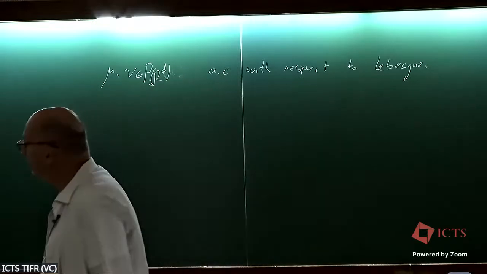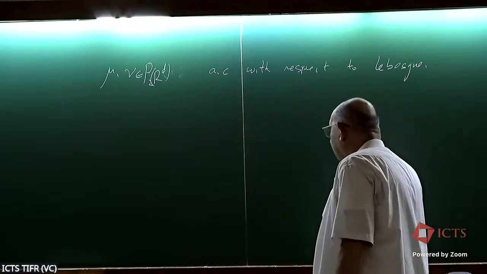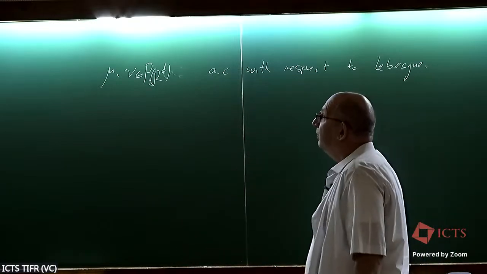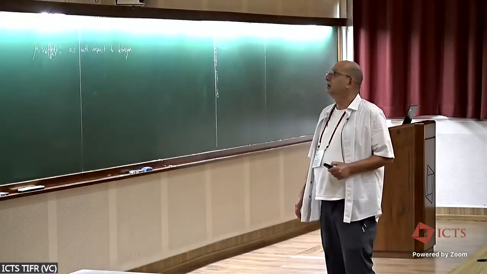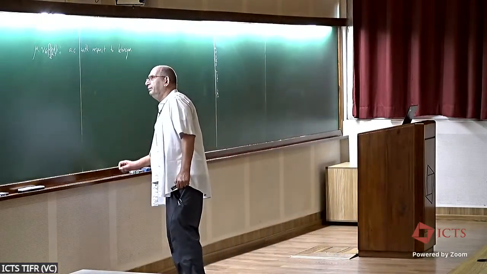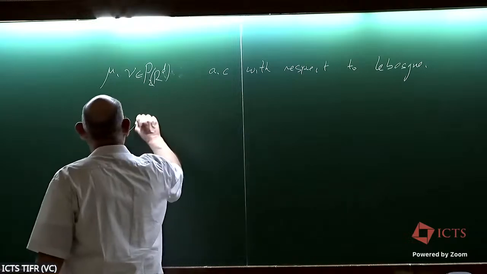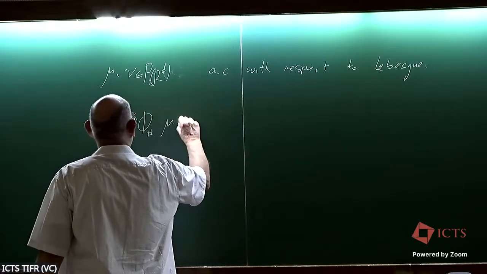The reason for this demand is that to prove this factorization, we have to take the inverse of the gradient mapping that pushes mu to nu.